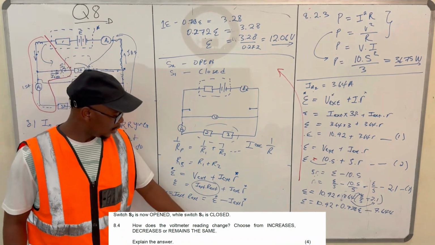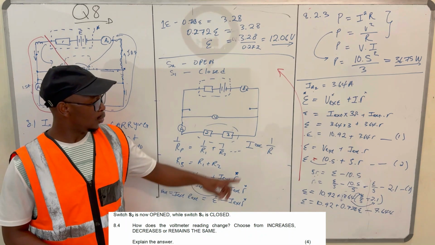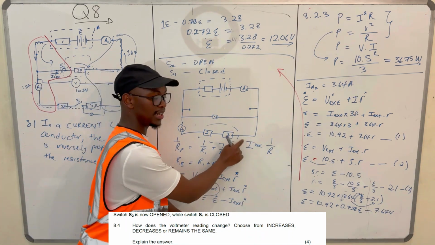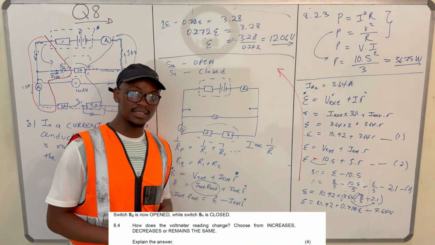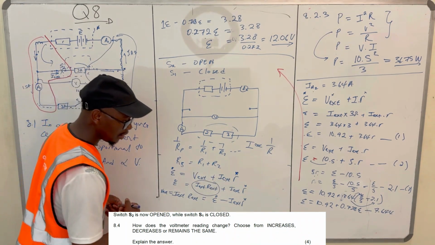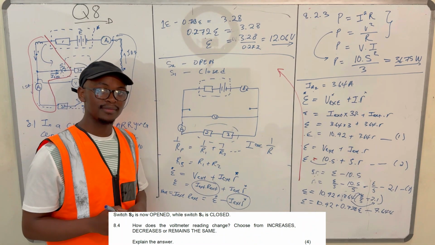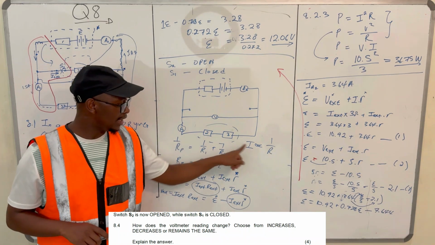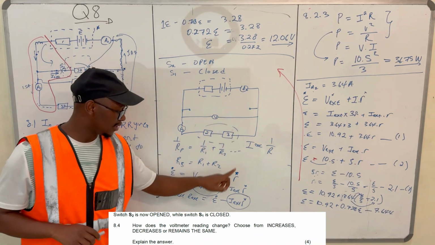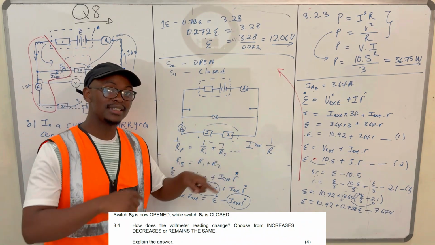And I ask you, when you increase resistance, what happens to the external current? When you increase resistance, current will decrease. Meaning, this portion decreases. When the external resistance increases, the external current decreases.